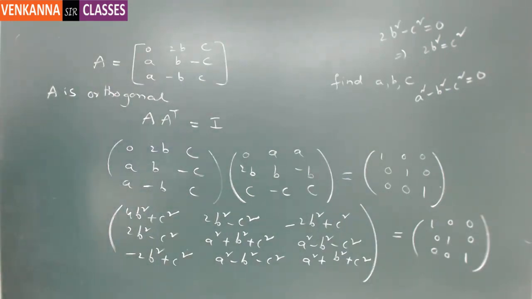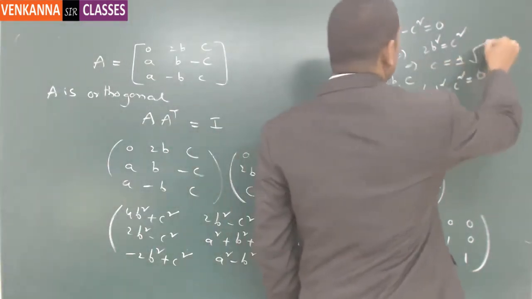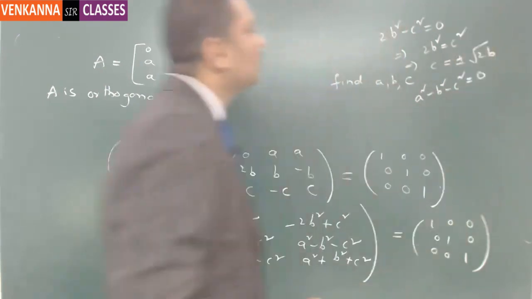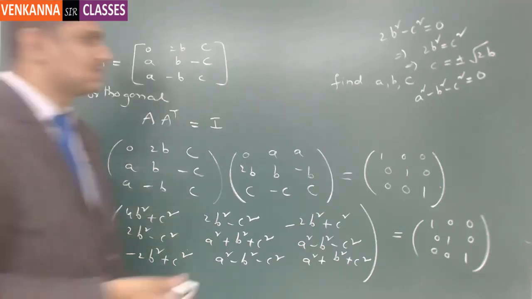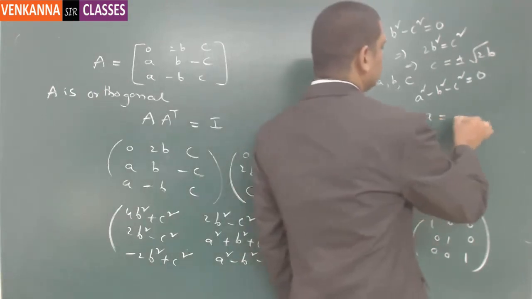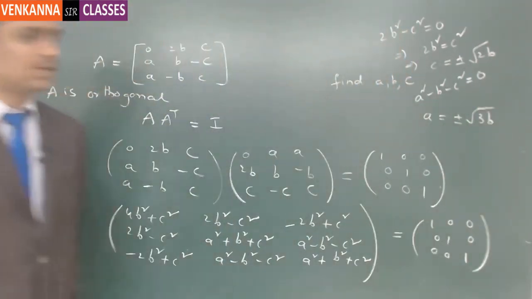Now you are going to simplify this value. How to? From this portion you can say that c is equal to plus or minus root 2 b, and if you substitute the value of c in the second one, you are going to get the value of a. Do you accept?